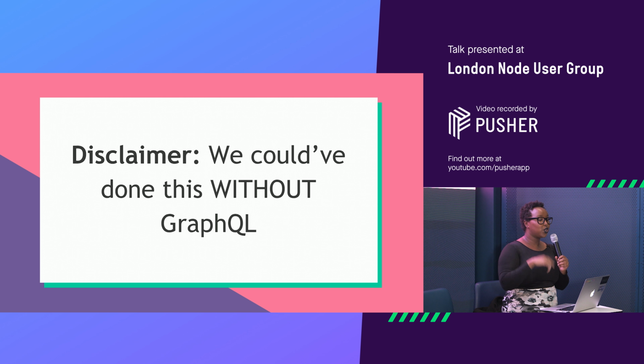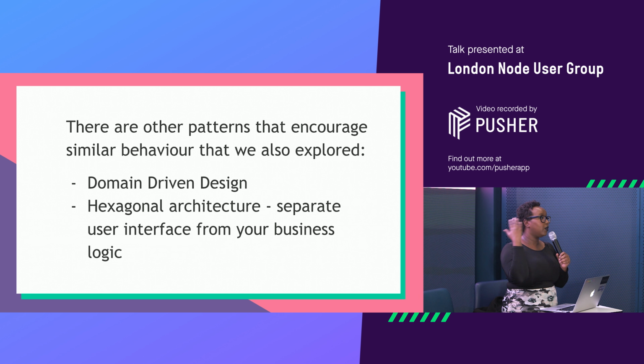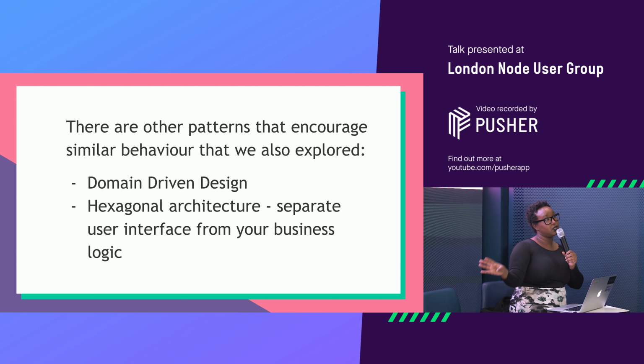Disclaimer, we could have done this without GraphQL, and you can do it without GraphQL. With more discipline, we could have avoided some of these problems. And if we also enacted some of these patterns, we could have had similar benefits. Domain-driven design and hexagonal architecture both have the same principles, where you separate your user interface from your business logic.